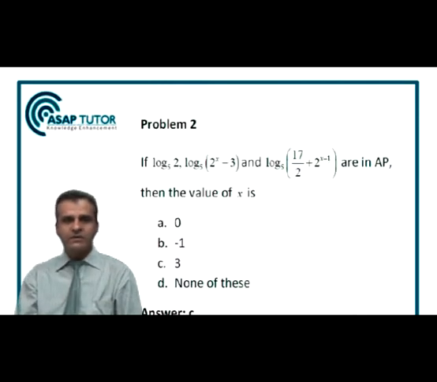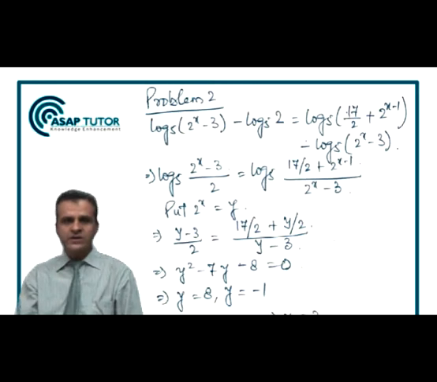Now here we have log base 5 of 2, log base 5 of 2x minus 3 and this term in AP. So therefore log base 5 of 2x minus 3 minus log base 5 of 2 will be equal to log base 5 of 17 by 2 plus 2x minus 1 minus log base 5 of 2x minus 3.